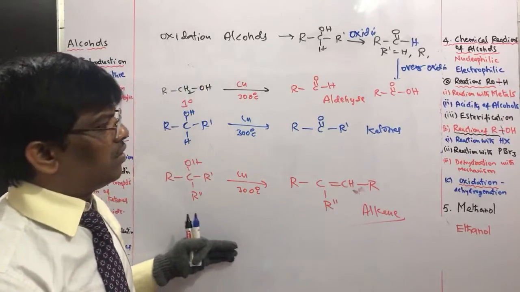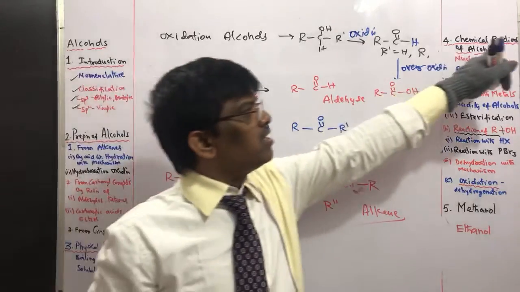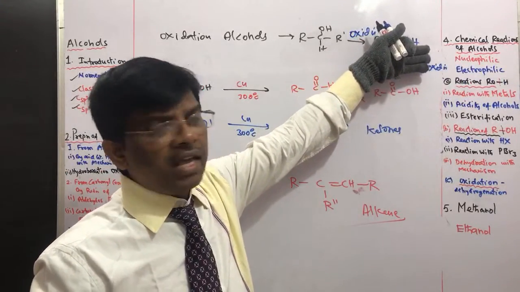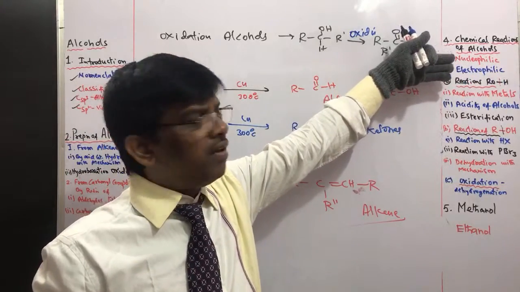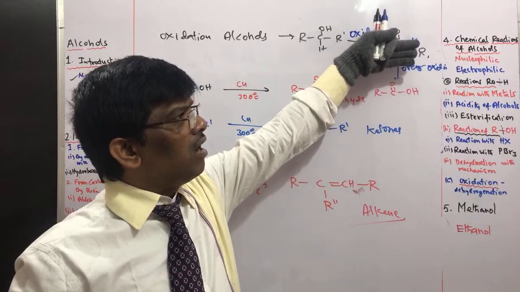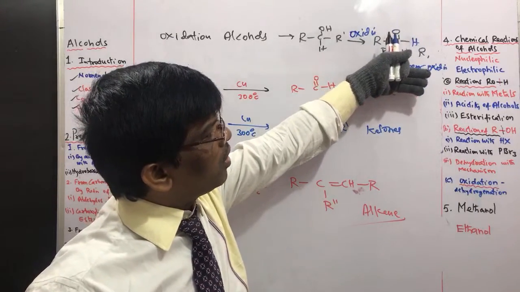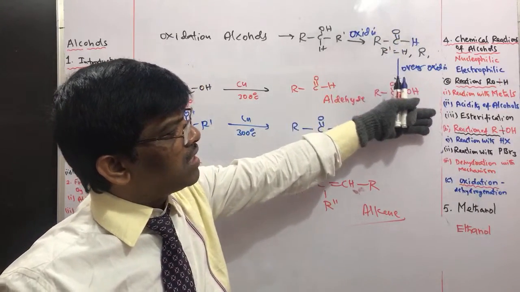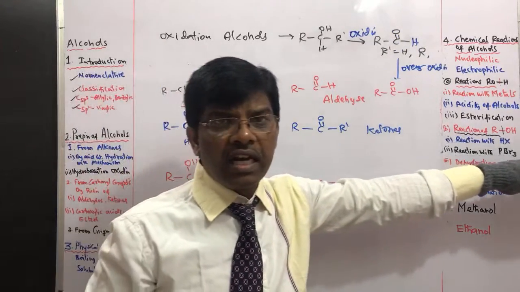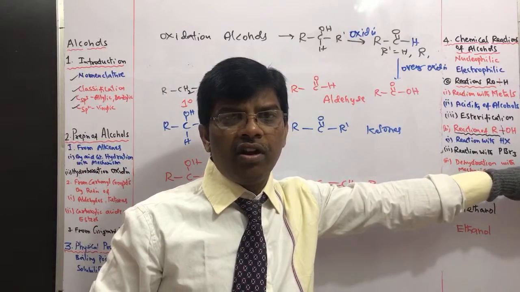Yes, students. So this is how chemical reactions of alcohols can be classified into two types, where alcohol is going to act as a nucleophile, and the other class as an electrophile. Under nucleophilic reactions, we have learnt about reaction with metals, acidity of alcohols, esterification, and reactions involving cleavage of the carbon-oxygen bond.